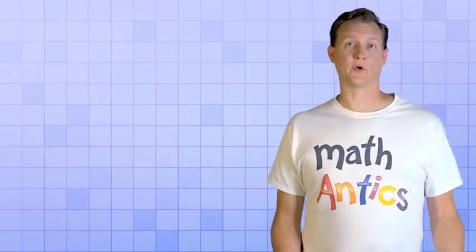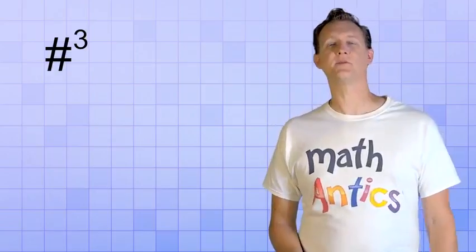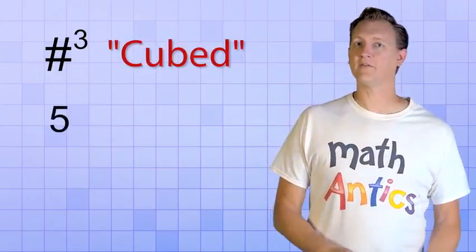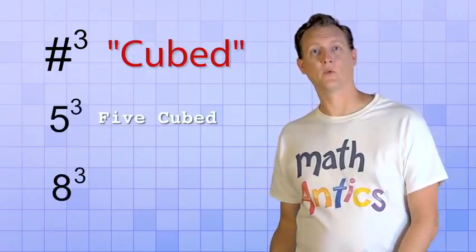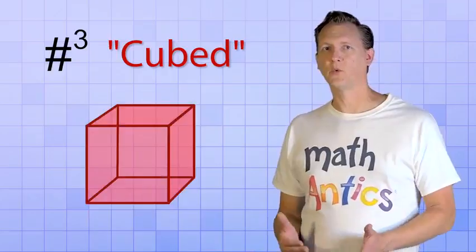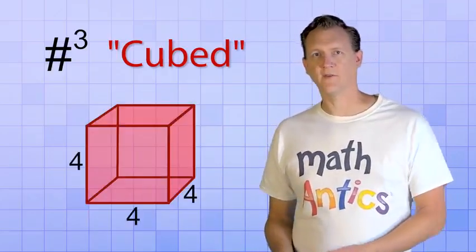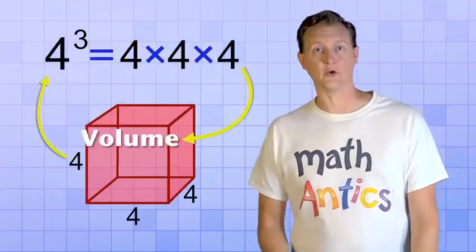And it's a similar story for numbers that are raised to the third power. In that case, you'd say that the number is being cubed. So 5 to the third power is also 5 cubed, and 8 to the third power would be 8 cubed. Since cubes are three-dimensional objects with sides that are all the same length, if you multiply that length together 3 times, you would get the volume of the cube.